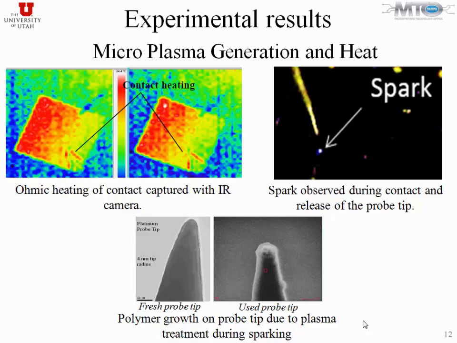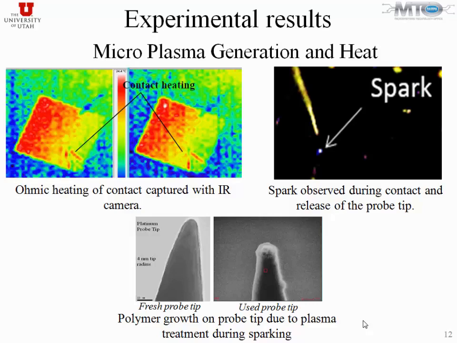And this plasma can cause activation or synthesis of lots of different types of carbonaceous materials. So CO2 is everywhere. There's a moisture layer on the surface of the tungsten, and the combination of the spark and CO2 and moisture can start coating this with polymers. And that's what we have observed.